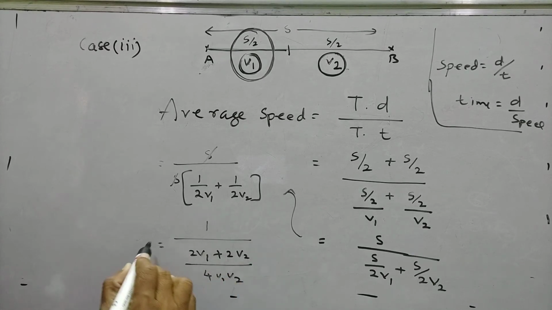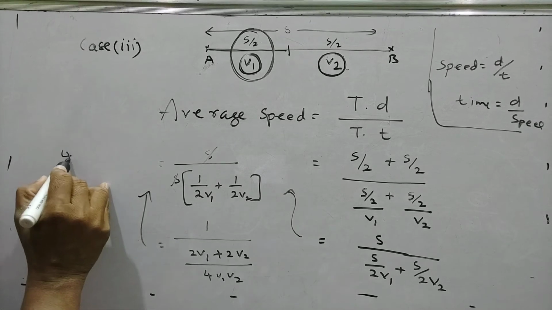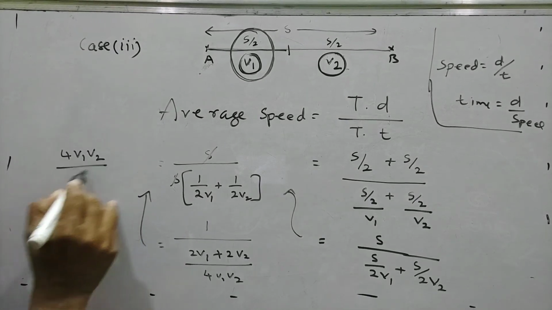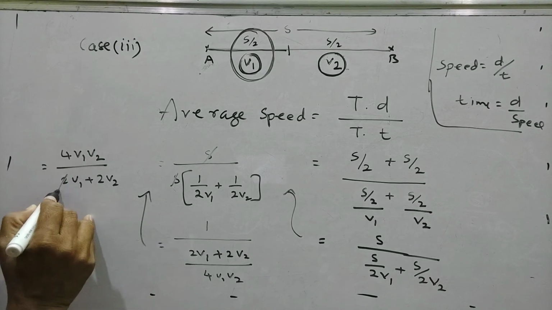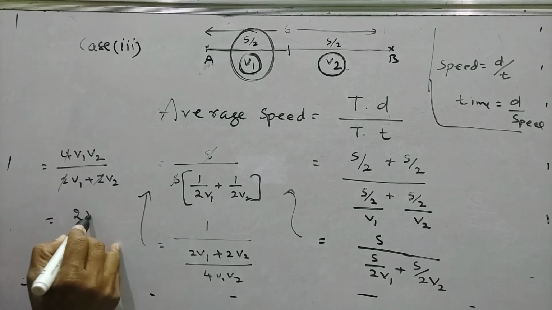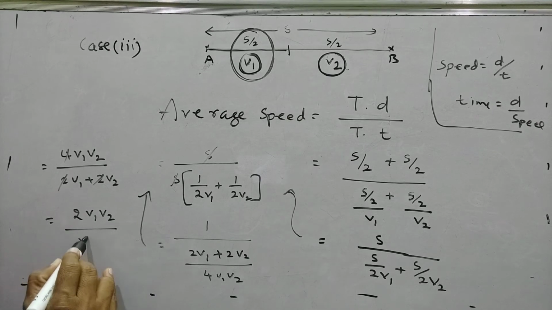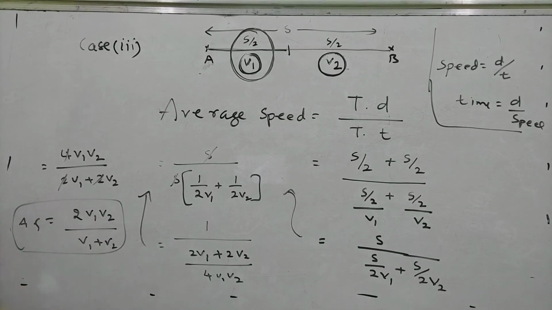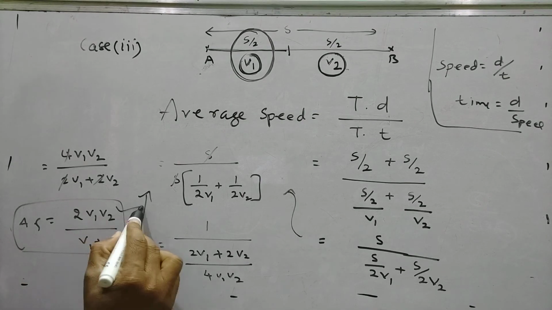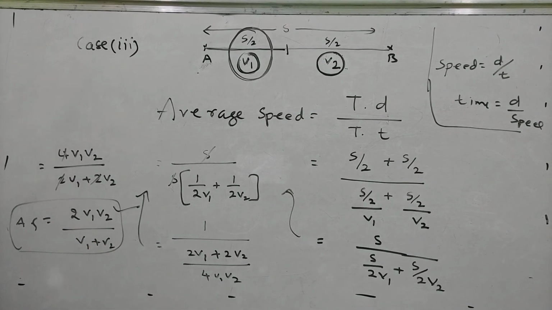If you take 2 common, finally you will get 2V1V2 by V1 plus V2. This is the average speed: 2V1V2 by V1 plus V2.